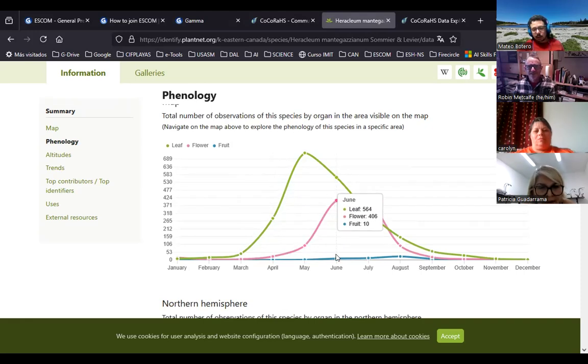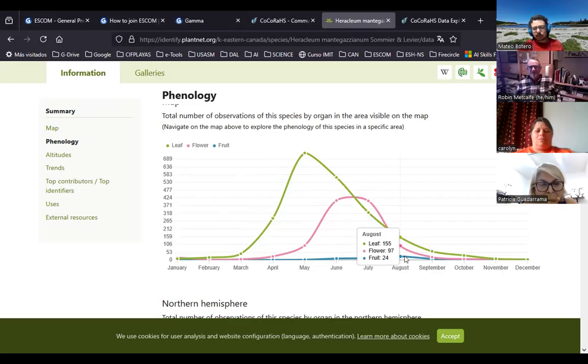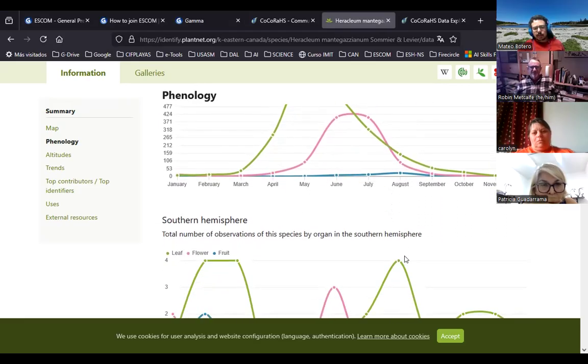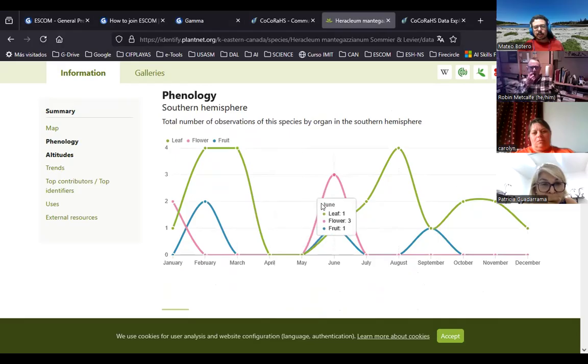The flowers are supposed to come in June to July, and the fruit: 24 records of fruits in August, but that is not too many. For the southern hemisphere there are not too many, just 3 pictures, with only 4 observations. This is why it's so crazy.